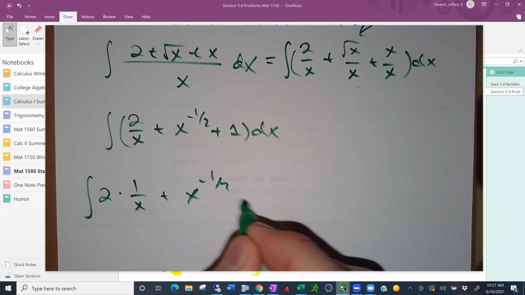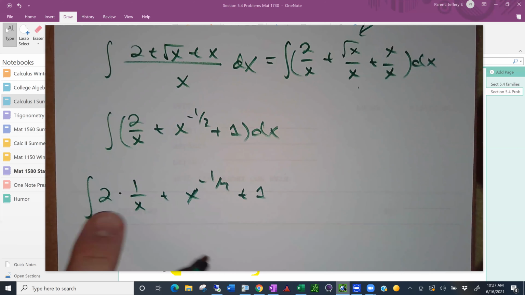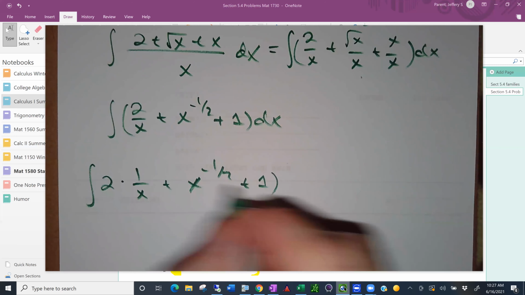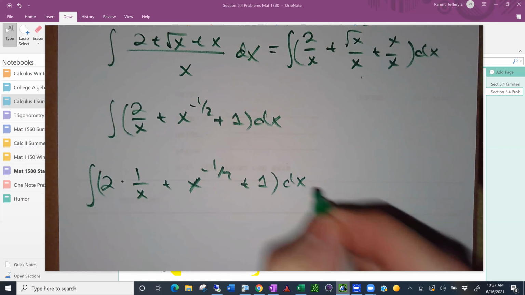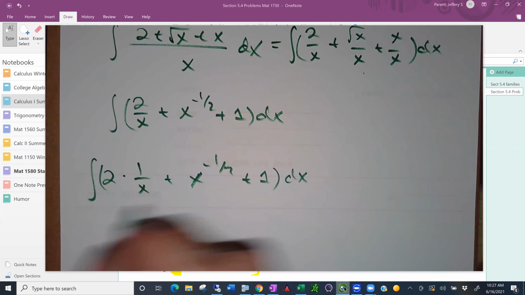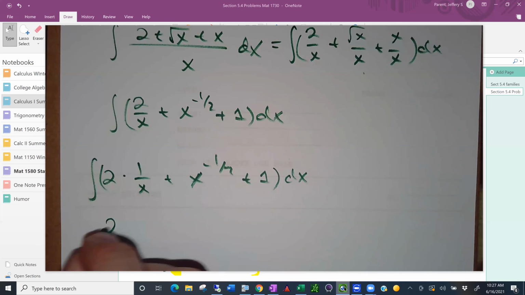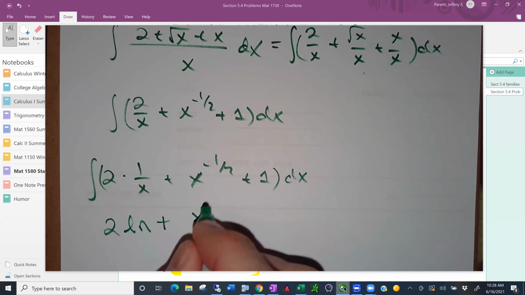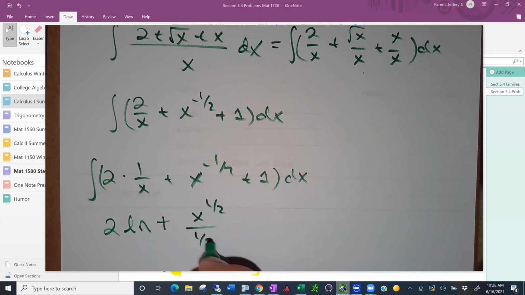Can anyone tell me what I differentiate to get 1 over x? ln. ln, nice. So what I get out of this is 2 times ln x, plus, add 1 to the exponent, gives me x to the 1/2, divide by the same exponent.